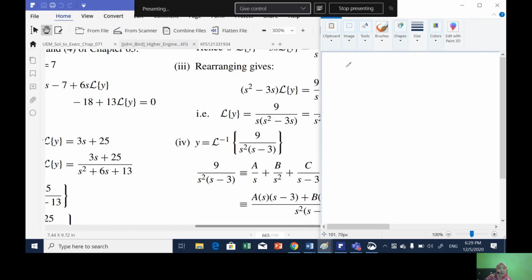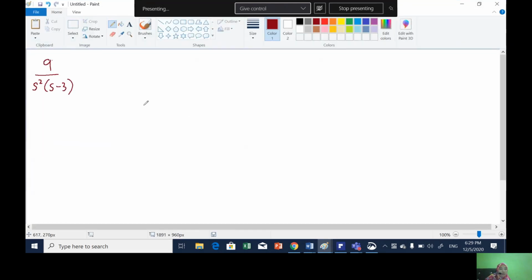So how do we reduce the partial fraction? I'm going to write it down like this. Before we find the transform, reduce this fraction. This is power of 2, so we must have the first one, power 1 and power 2, and another constant fraction over s minus 3.